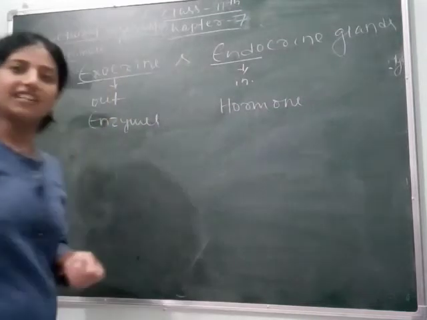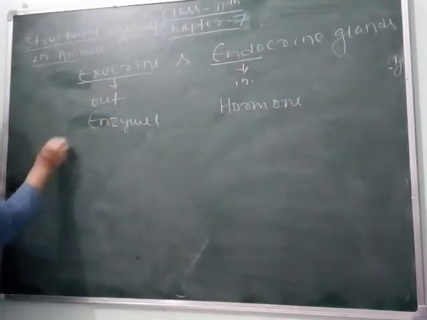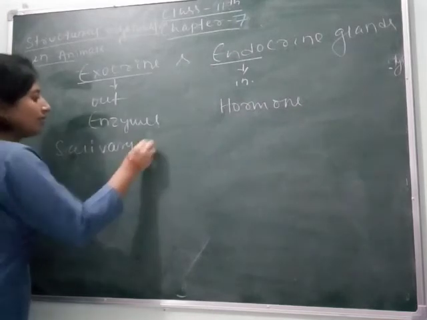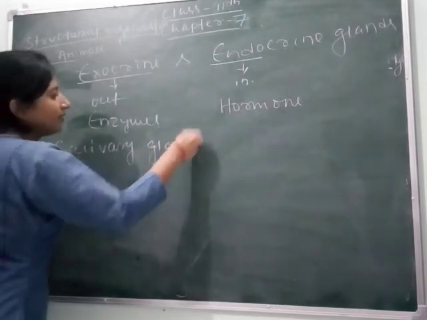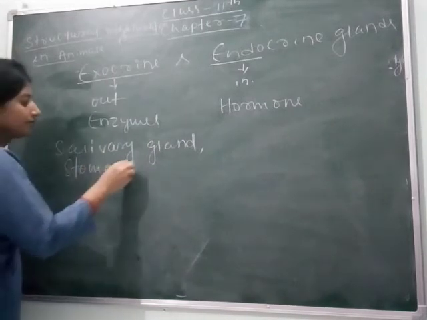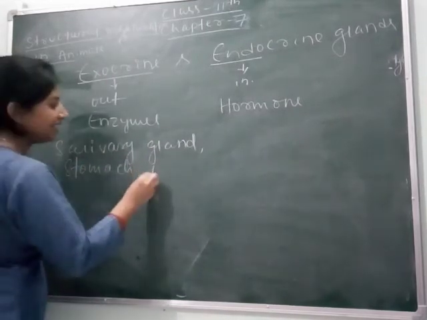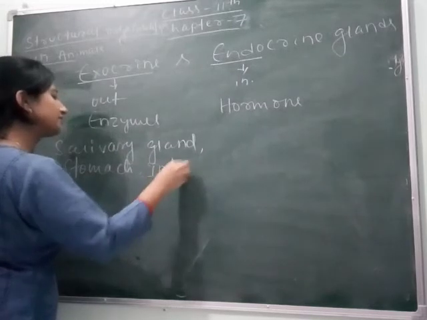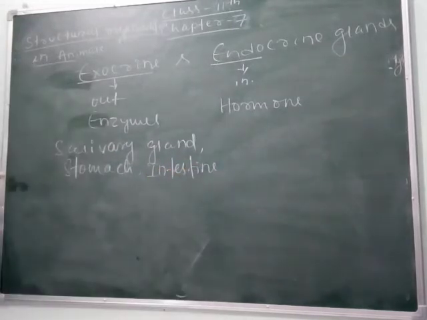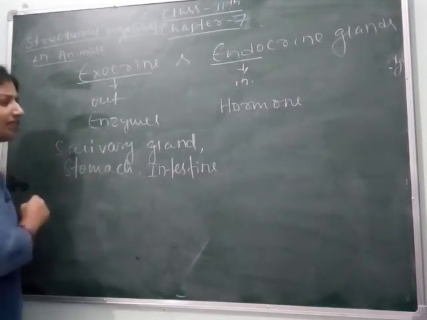So which glands of our body secrete enzymes? Salivary gland. Then your stomach. Then your intestine. Clear? They are the glands from which secretion of enzymes occurs.